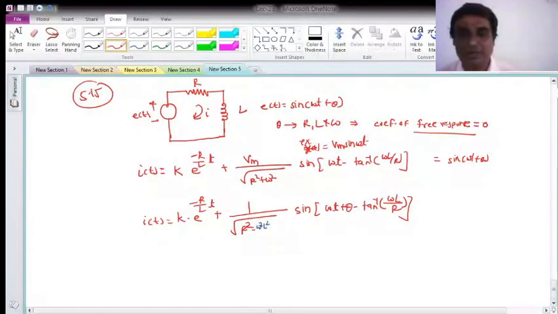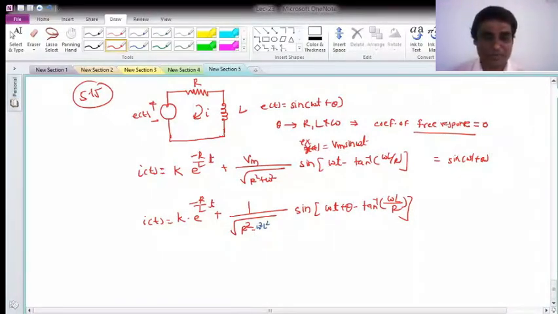This first part is over. For the second part, I have to find out theta such that the coefficient of free response is 0. So if I am asking for the free response to vanish, I of 0 will be 0, which is equal to K into e raised to minus R by L t, that is 1 at t equal to 0.